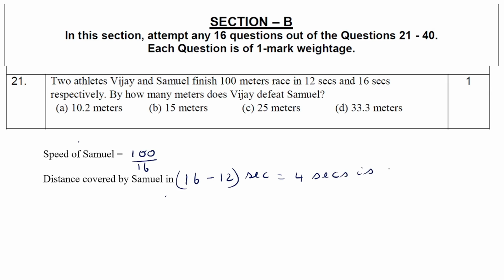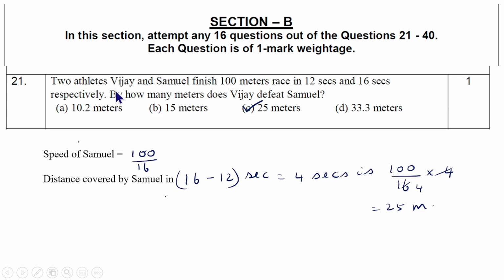We know that distance is given by speed into time. So speed is 100 upon 16 into time is 4. So this is equal to 100 by 4, which is 25 meters. So the distance covered by Samuel during the 16 minus 12, 4 seconds is 25 meters. So Vijay defeats Samuel by 25 meters.